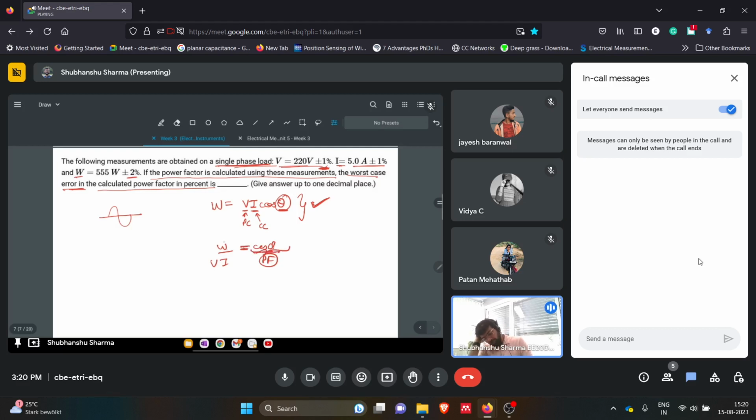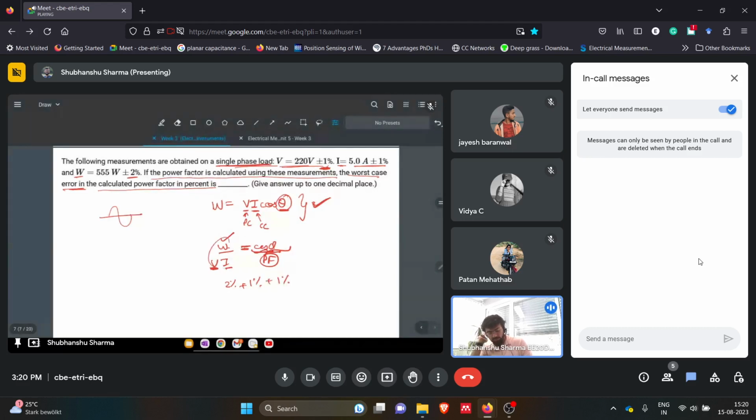So what is the error in this W? It is 2 percent. Now I have told you that if we are dividing or multiplying, all the percentage errors will get added up. So this is 2% in this wattmeter, plus what is the error in this V? We have 1 percent error, and in this I we have 1 percent error.